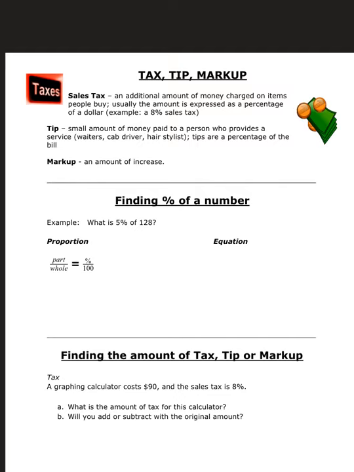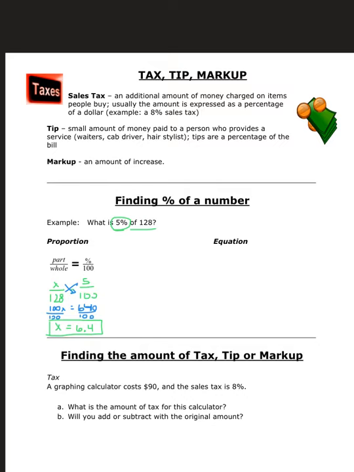The example that I came up with was, what is 5% of 128? So the part is we don't know that, so that would be x over the whole amount, 128, equals 5 over 100. And we solve that proportion like we normally do, and you would end up with x equals 6.4.